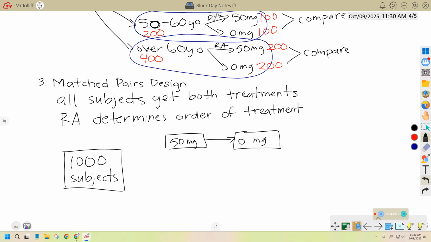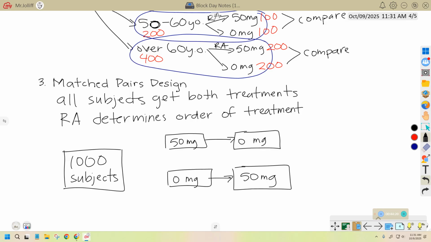The second group is going to get them in the reverse order. And with medications like this, there would probably be a waiting period in between the first treatment and the second, so that both groups had time to let the first medication clear their system before they took the second pill.